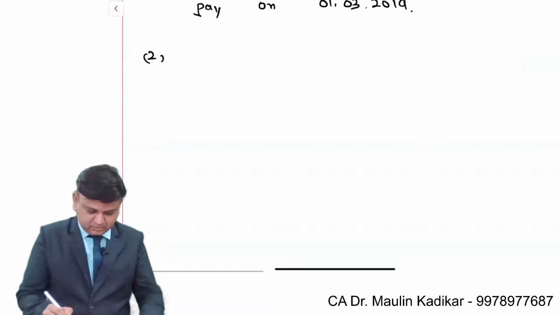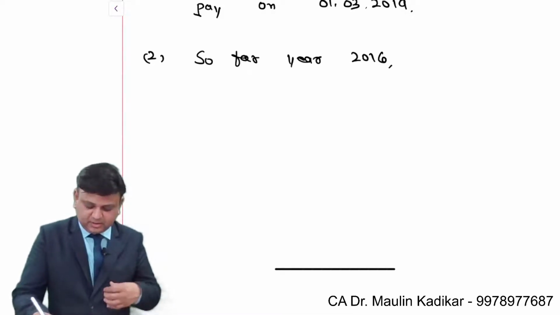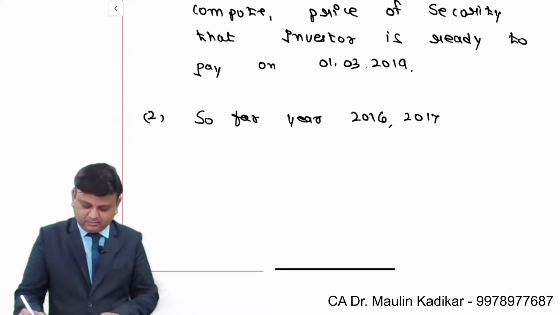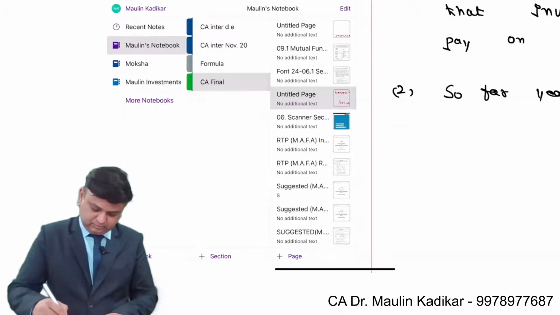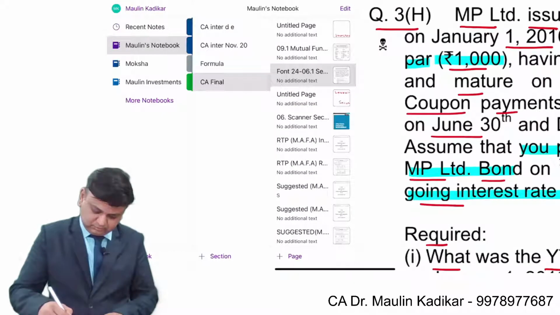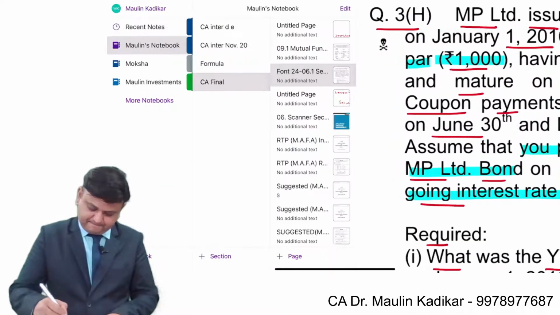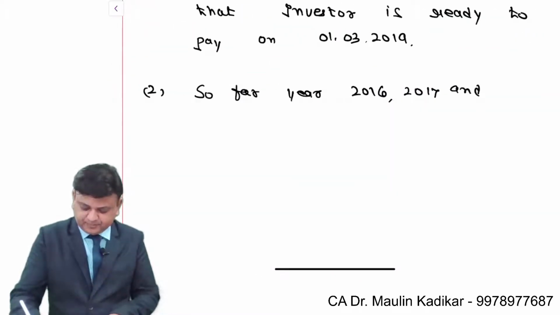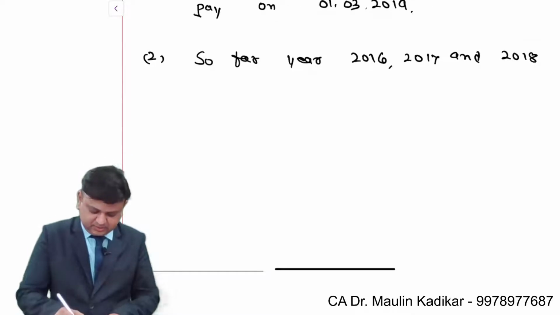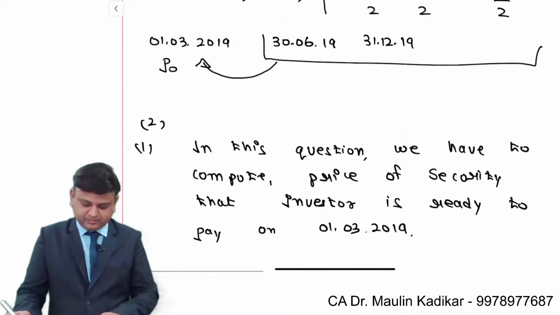Second point, so far year 2016, 2017, and 2018 have been expired. Full stop.